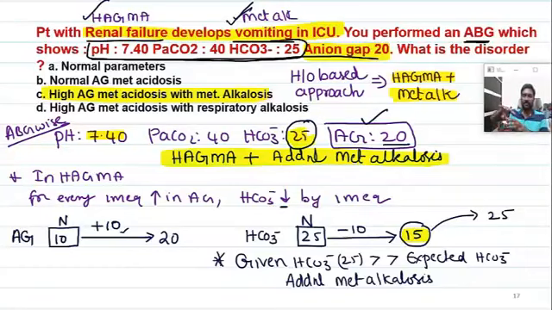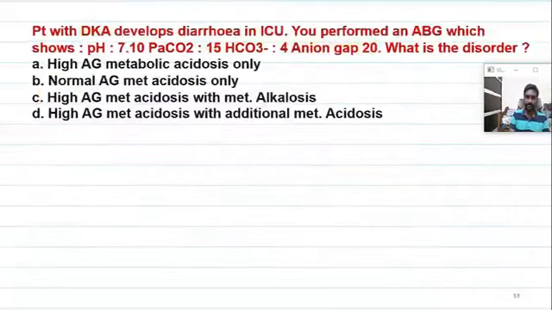It means there is some other disorder that has increased the bicarbonate. So any disorder that increases bicarbonate is called additional metabolic alkalosis. So correlate with the clinical history. There is vomiting. It can cause metabolic alkalosis. So the answer is high anion gap metabolic acidosis with additional metabolic alkalosis, option C.